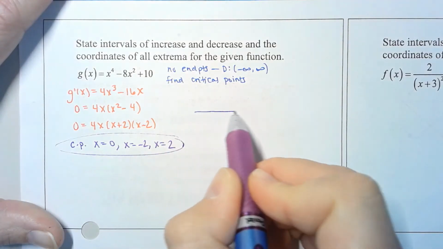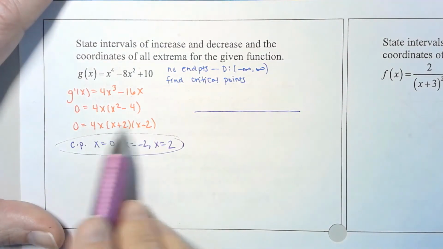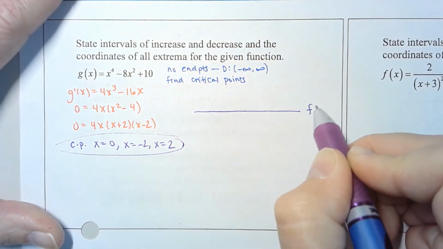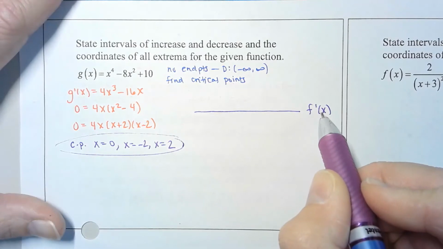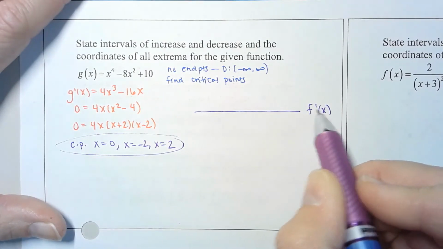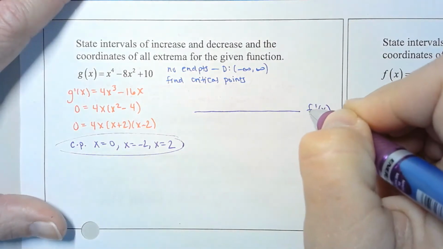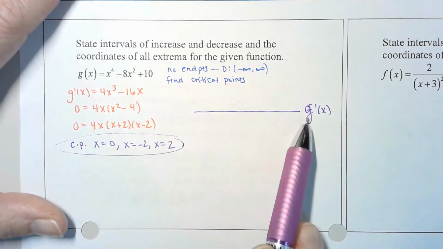What I'm going to do is I'm going to determine when this graph is positive, when this graph is negative. So I'm going to come over here, I'm going to make a sign chart. Now I'm going to label it as f prime of x for two reasons. Number one, if this was g, this is g prime.